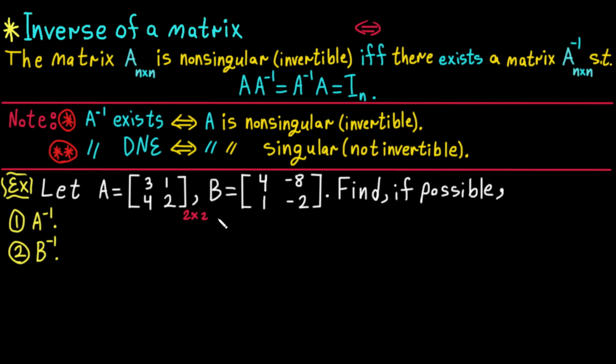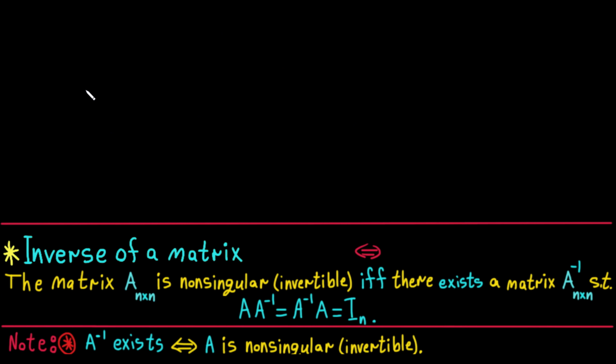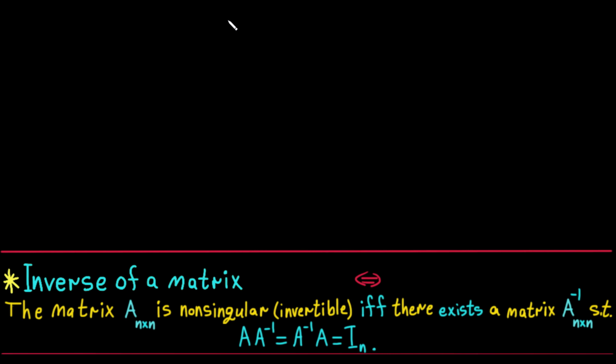Now, how do we find the inverse of these two matrices, which are 2 by 2? Let's write about how to find the inverse of a matrix. To find A inverse, how can we find it?